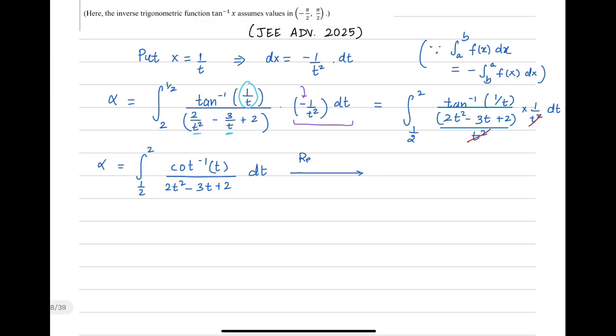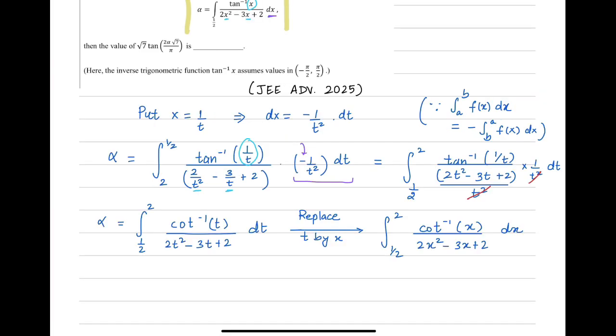So replace t by x, changing of variables only. So I can write this as from half to 2 cot inverse x divided by 2x square minus 3x plus 2 times dx.